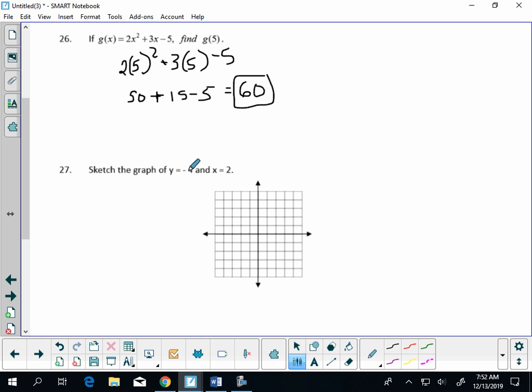All right, sketching this, you just need to remember whenever you see y equals, it's horizontal. x equals, it's vertical. So y equals negative 4 goes through the y-axis at negative 4. x equals 2, it's going to be vertical, it goes through the x-axis at 2.